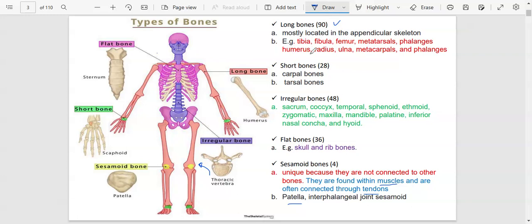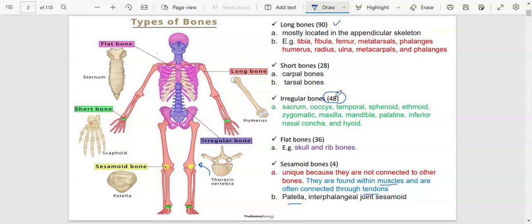So the next highest number is the irregular, those which do not have a regular shape. Just divide the 90 by 2. Of course, we know 90 by 2 would give us 45, but we can see 48 is more closer to 45. So all we can know is that irregular bones are about half long bones, except they are a bit higher.